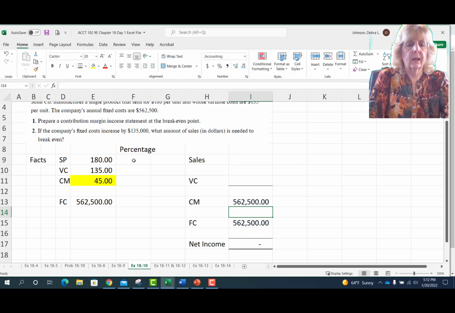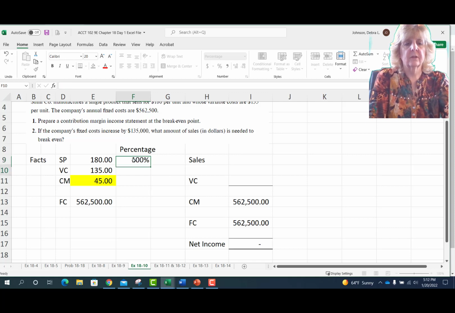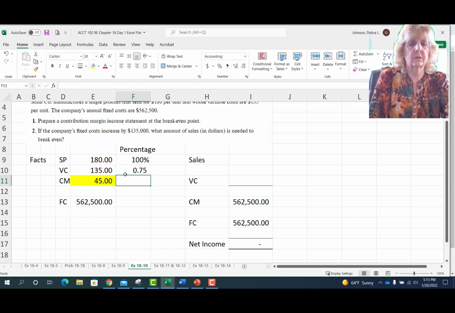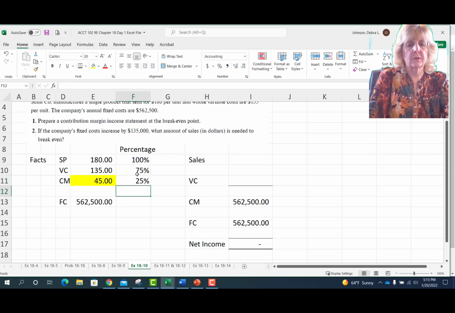Going from here, I can take a look at the percentages that each one of these line items make up. Sales is always 100%. If I take the variable costs and divide by the sales price, that would give me a variable cost percentage of 75%. And as we already know from the previous problem, our contribution margin percent would just be the difference.